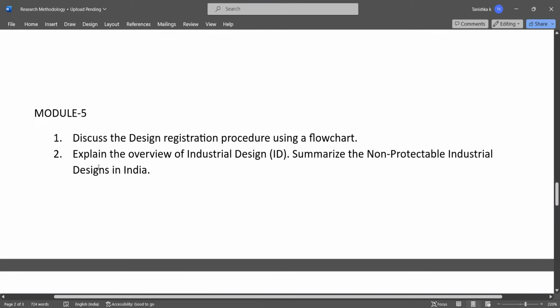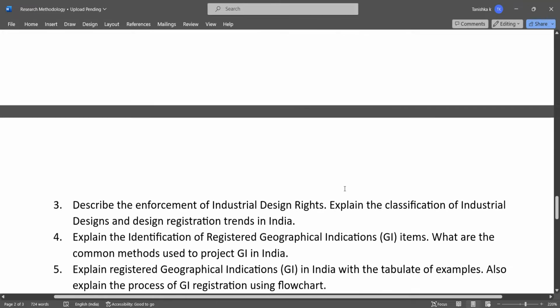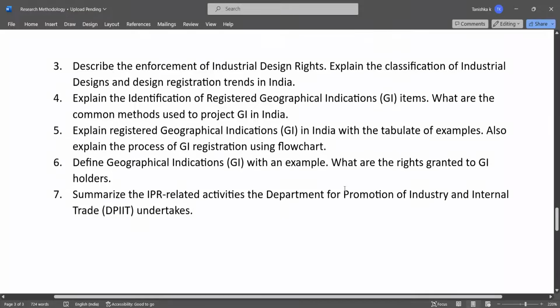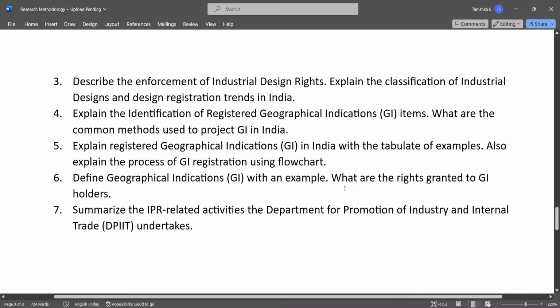So in module 5 you can study, discuss design registration procedure, then regarding industrial design, then summarize the non-protectable industrial designs in India, and here also 7 questions are there. Any 5 questions you can study. Then describe the enforcement of industrial design rights, then identification of registered geographical indications regarding GI.